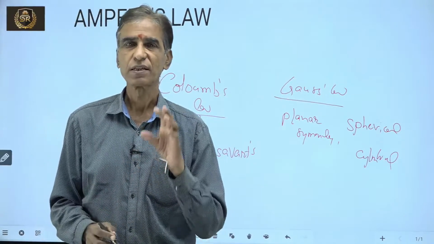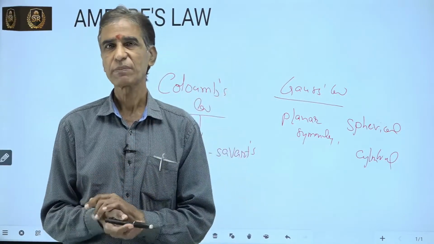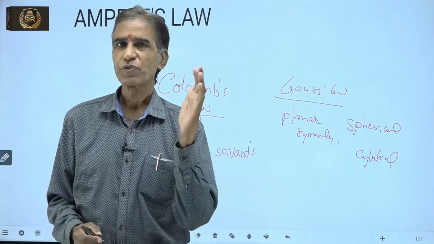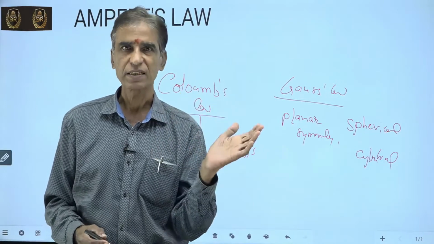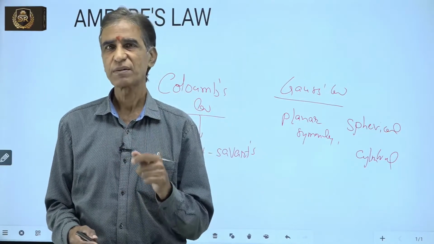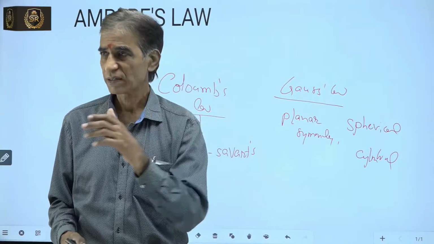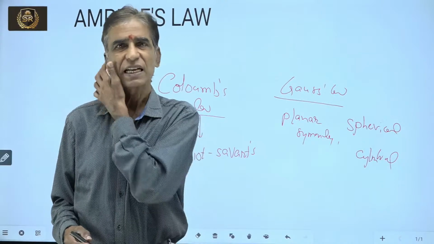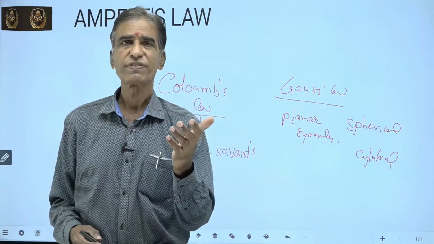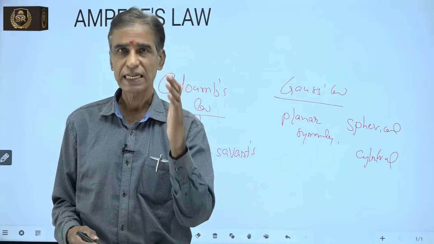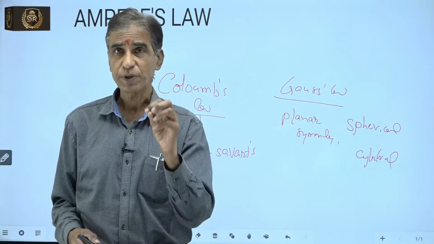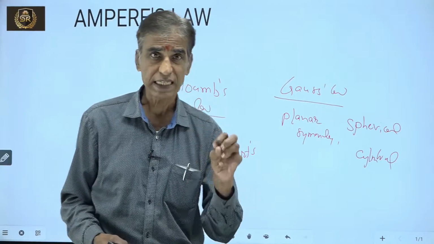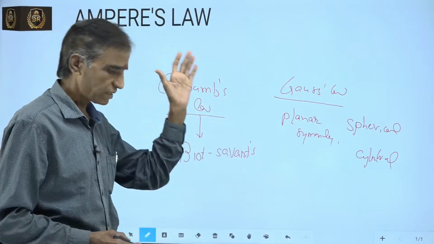But there should be some sort of symmetry. Practically, when we take any current carrying conductors, they are all symmetric. For example, our electrical wires, the transmission line, or our domestic wire, are all cylindrical. So when we want to find the magnetic induction at a point due to a symmetric current carrying element, it is very convenient to use Ampere's law.